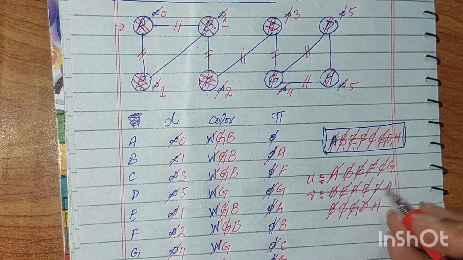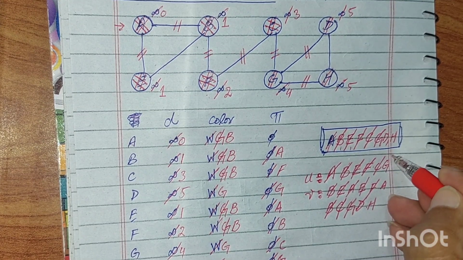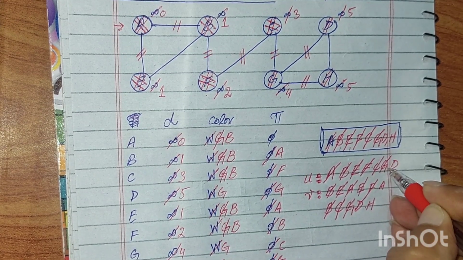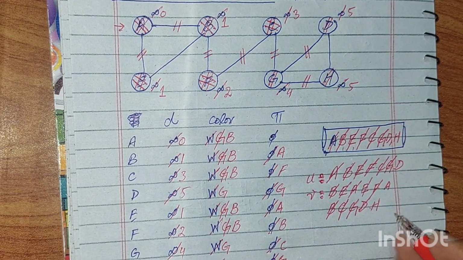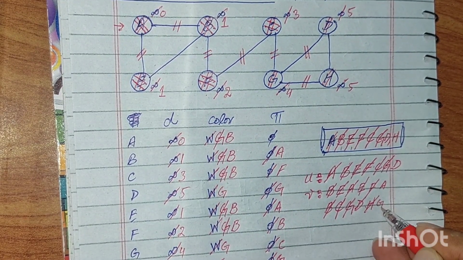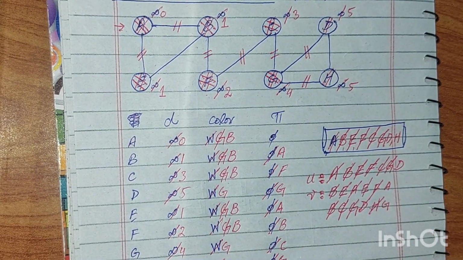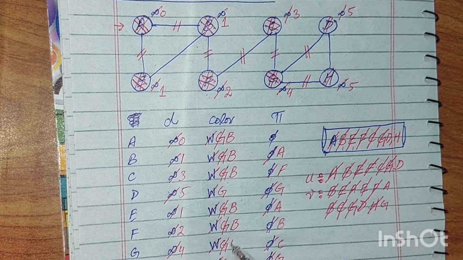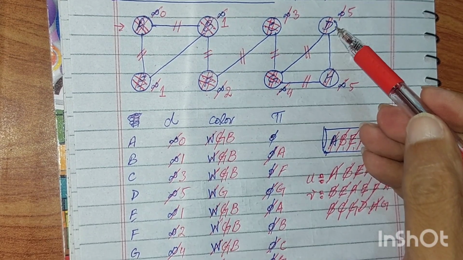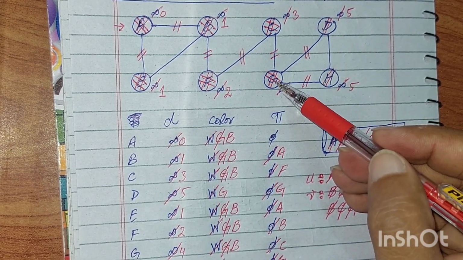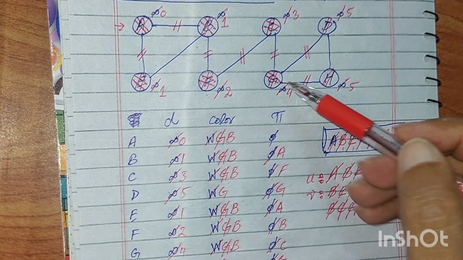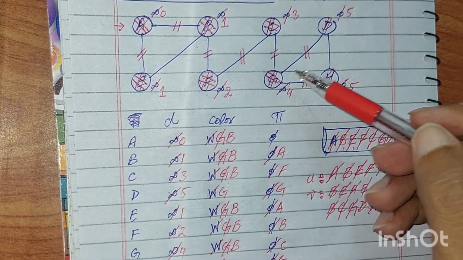Now we will extract another element from the Q, that is D. D has neighbor G, but it was marked as black in the previous iteration, so it is not white and we'll skip it.